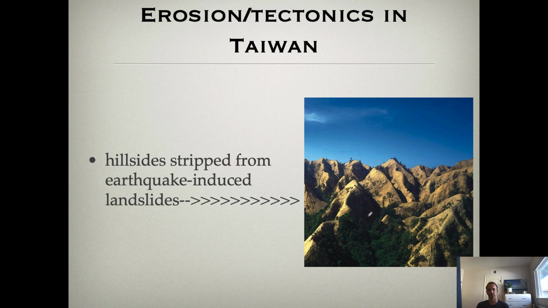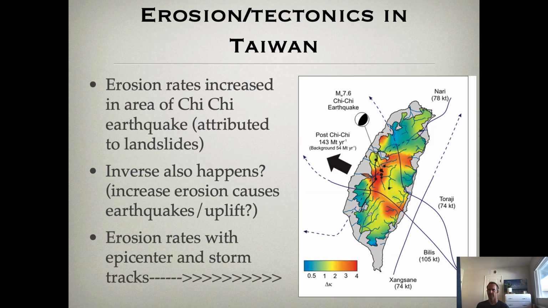And then that, of course, could lead to isostatic uplift if you are removing more material. Here's an example: erosion rates increased in the area of the Chi-Chi earthquake. This was in 1990, I believe, and it affected a major fault that's drawn in black right here on the northwest side of the island.